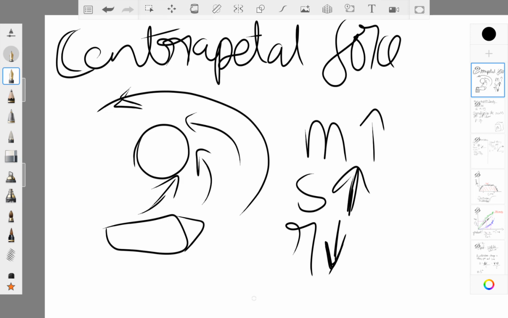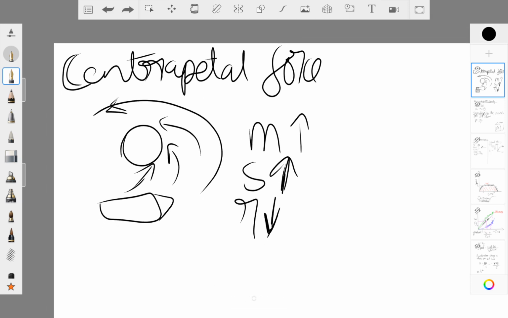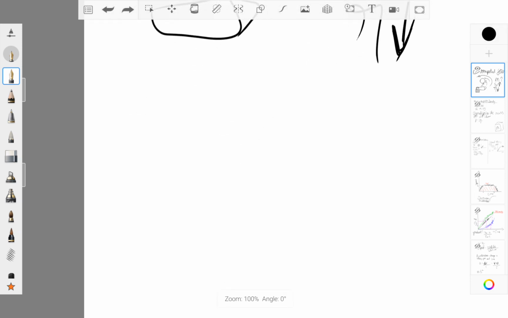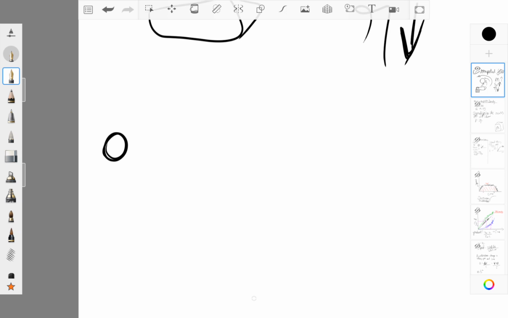Now, changing velocity is something I alluded to a few seconds earlier. Since velocity is speed in a particular direction, when we say changing velocity, you can either mean changing speed or changing direction. What does this mean? Let's consider this object.